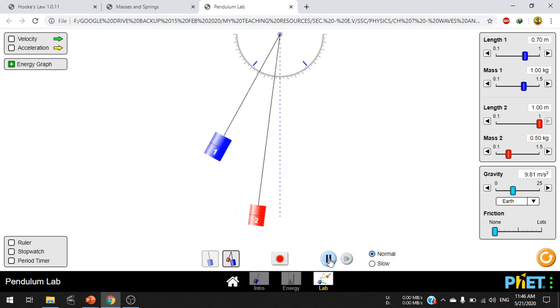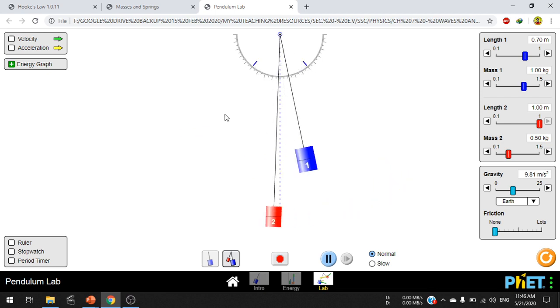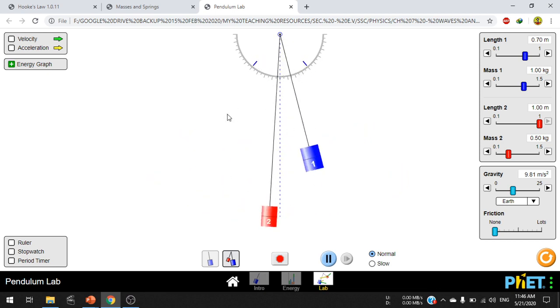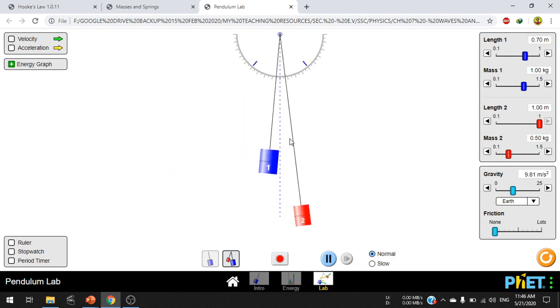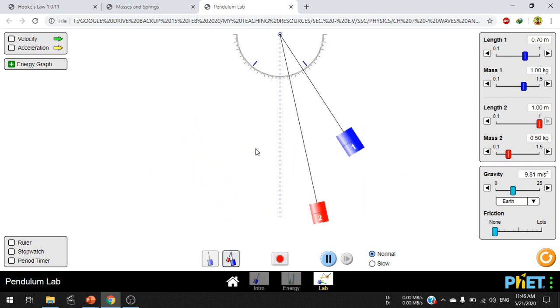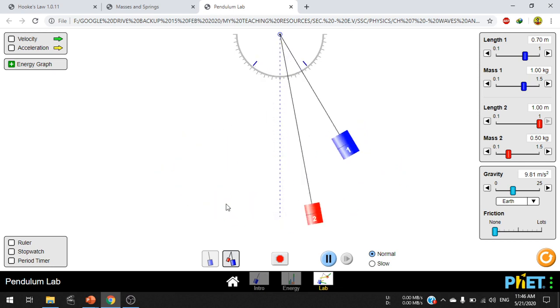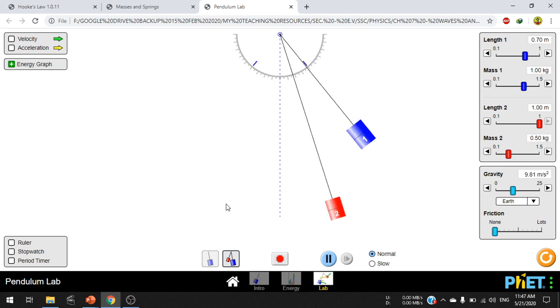We see the number one pendulum, which has a shorter length L, has a shorter time period, and number two, which has a larger length, has a higher time period. So if you increase the length, the time period will also increase.